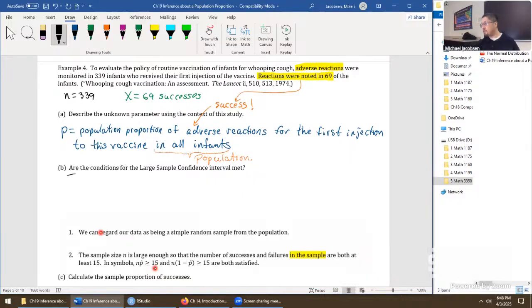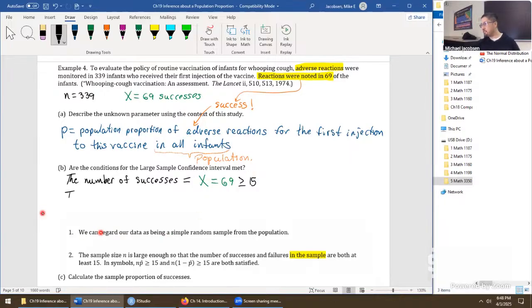So let's write in the number of successes, equals x, equals 69, which is greater than or equal to 15. So we pass on that condition there.